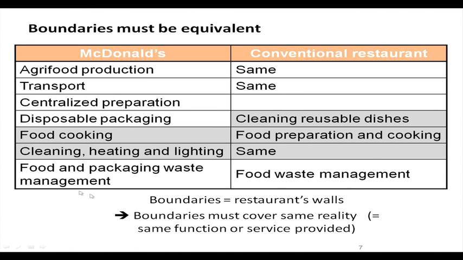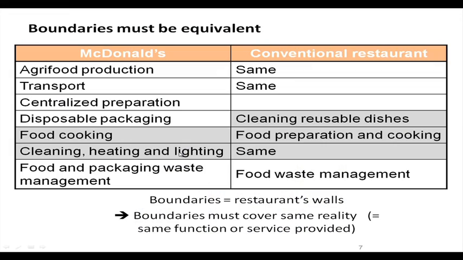And for McDonald's, we should include the aspects of centralized preparation, the proportion of centralized preparation that is being done for this particular restaurant for serving that particular function. So that's also important. In terms of cooking, again, centralized preparation is not only for preparation of salads and other things, but also for cooking.